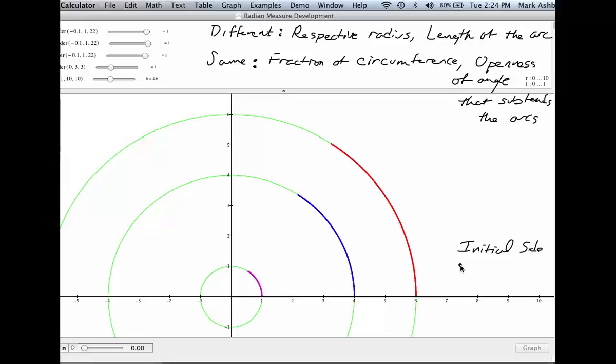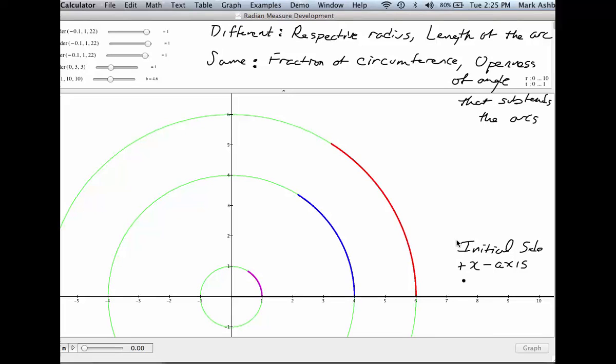It's the positive x-axis. But the language we're going to use most of all, over and over again, is that this initial side of the angle is at the 3 o'clock position. So imagine these circles are like a clock. That would be at 3 o'clock.